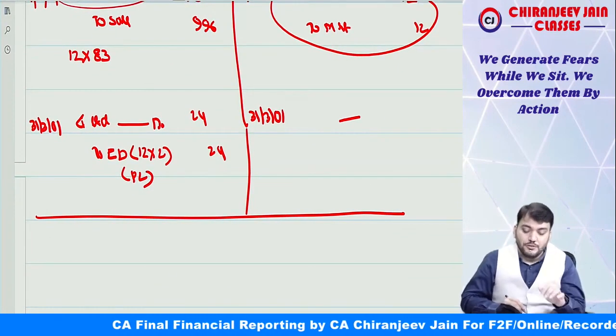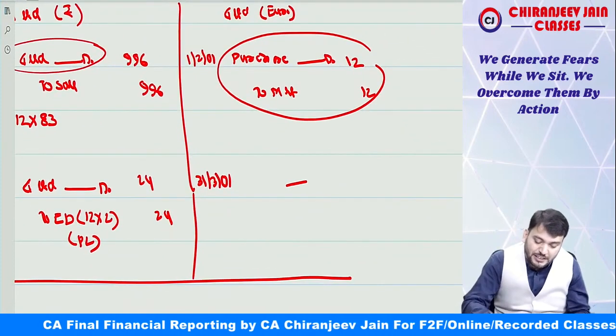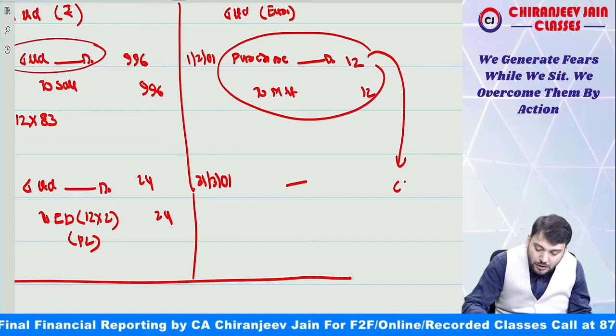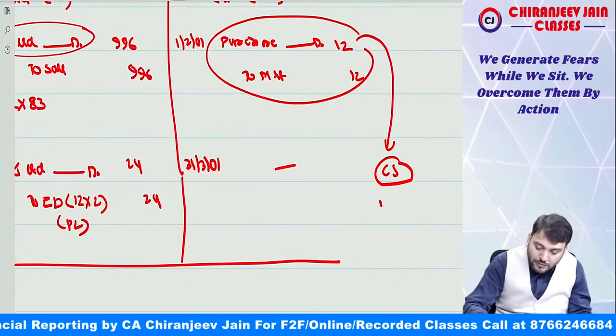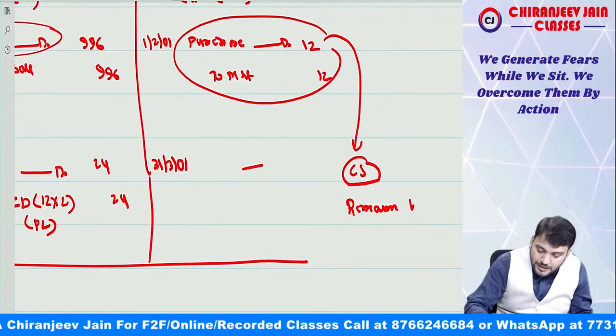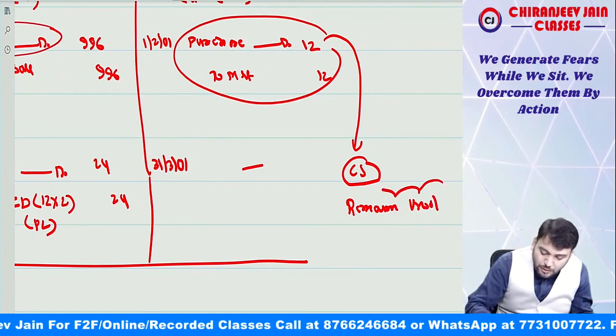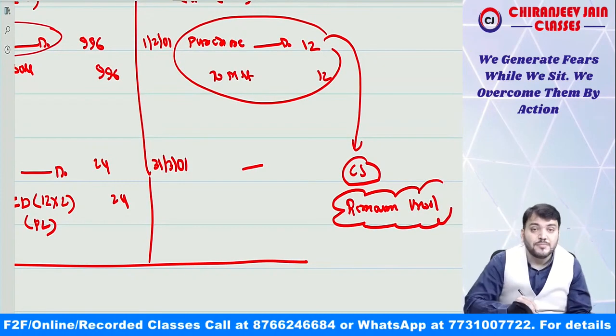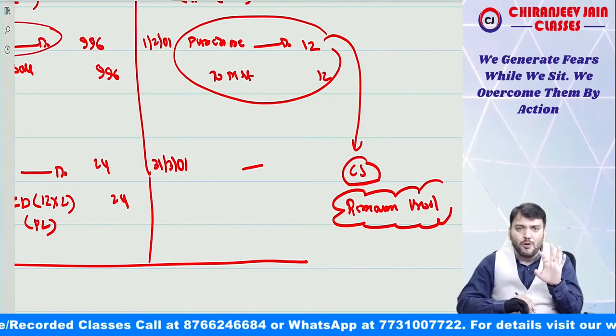Correct. Understood. Now can I say this becomes closing stock, because it remains unsold? So can I say it includes profit which needs to be eliminated? I hope you are understanding.